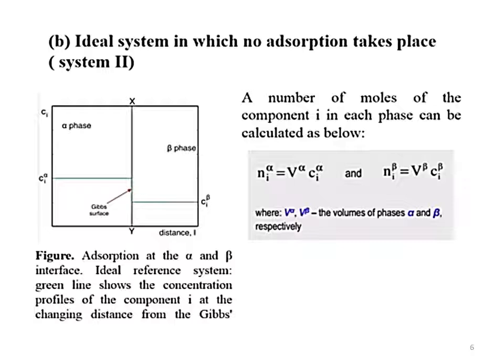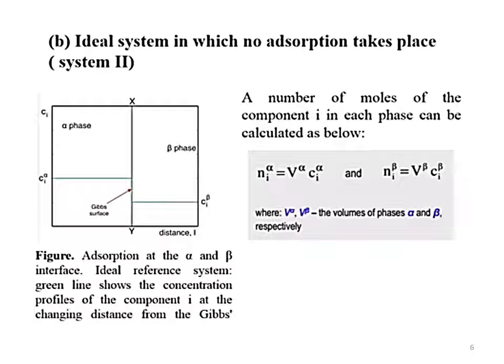The green line shows the concentration profiles of the component I at changing distance from the Gibbs surface interface xy. At the right side of the slide it is written that the number of moles of component I in each phase can be calculated as below. Ni alpha, the number of moles of I component in alpha phase, is equal to V alpha into Ci alpha.